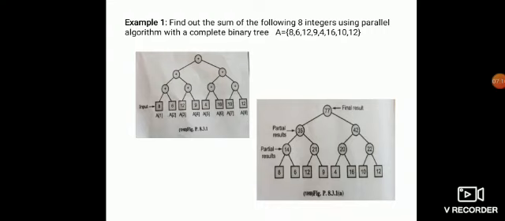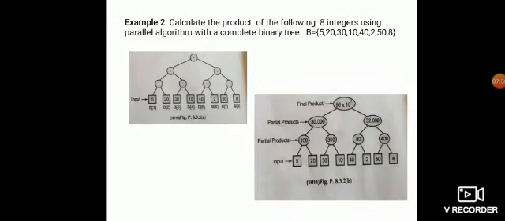It means 8 plus 6 is 14, 12 plus 9 is 21, and the partial result is 14 plus 21, which is 35. Next, 4 plus 16 is 20, then 10 plus 12 is 22, then the partial result 20 plus 22 is 42, and the final result is 35 plus 42, which is 77. Okay, got it, this example?